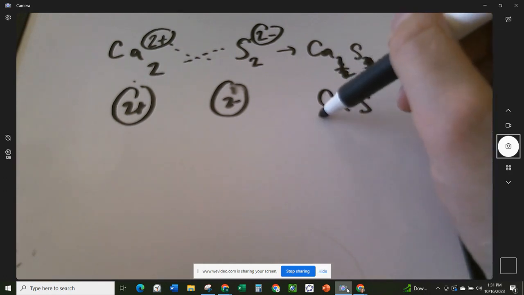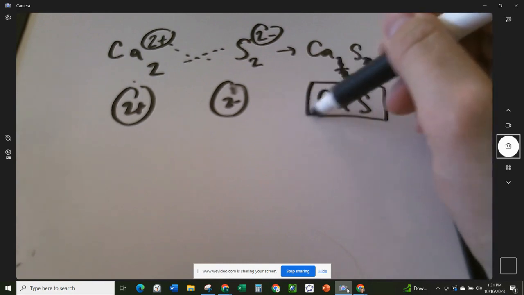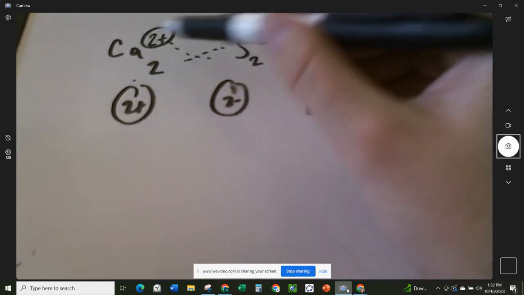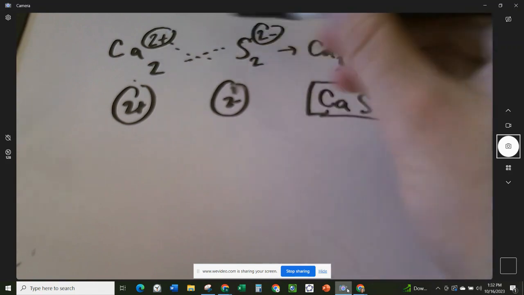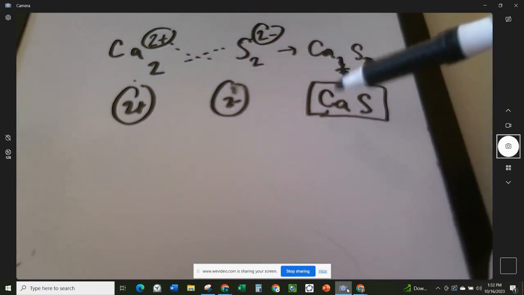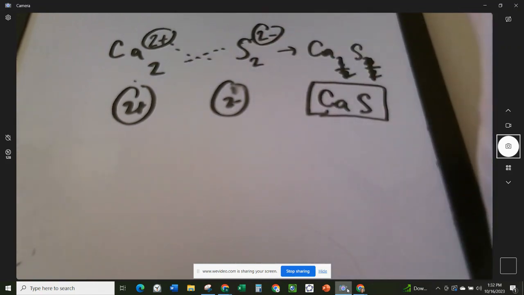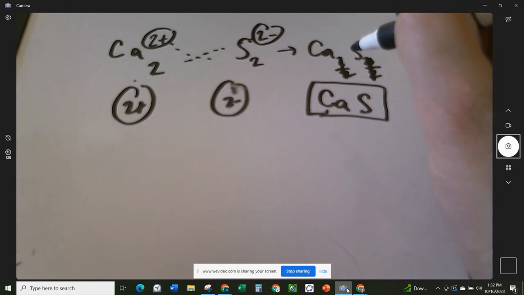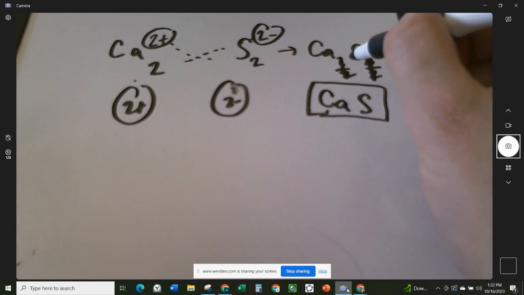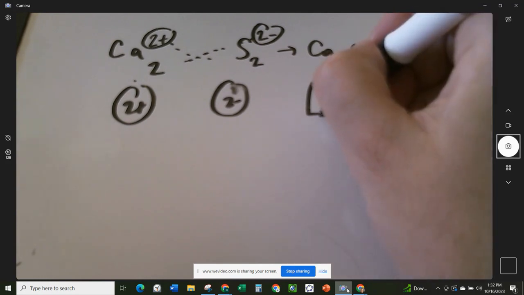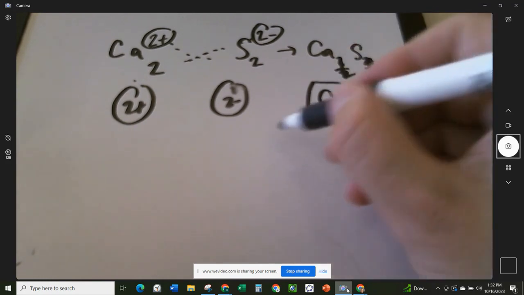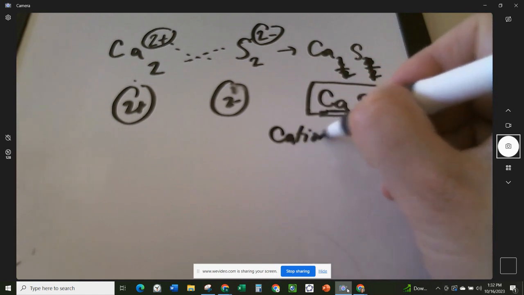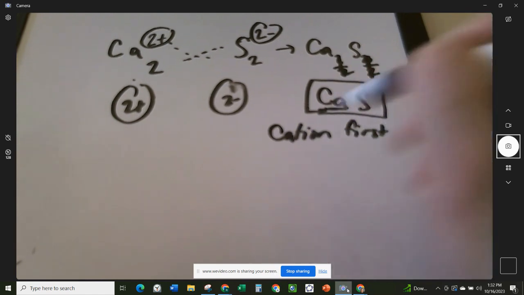The other thing that we don't do in the formula is write the charges. The charges are just there showing our work. We're trying to puzzle out what the formula should be. We don't write the charges in the formula. The other thing is we have to simplify ionic compounds, and the cation always goes first in the formula.